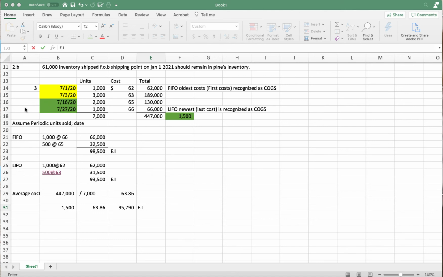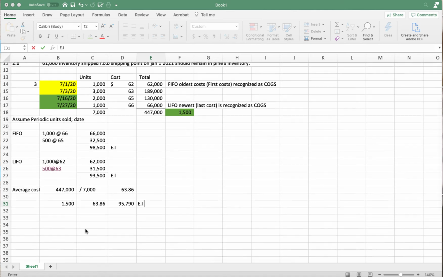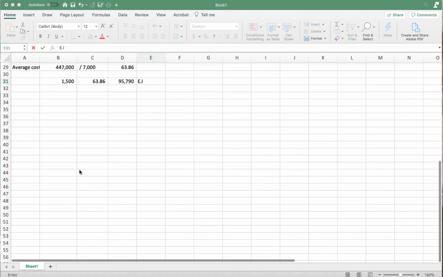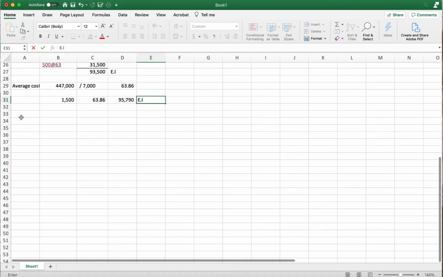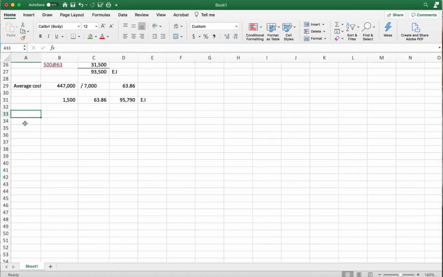Okay, so the first thing that we're going to show is we're going to compute our price indexes. This is going to be number 4. First of all, I want to figure out what time period I am using, right? What they ask for is what should the inventory be reported at on December 31st, 2020.